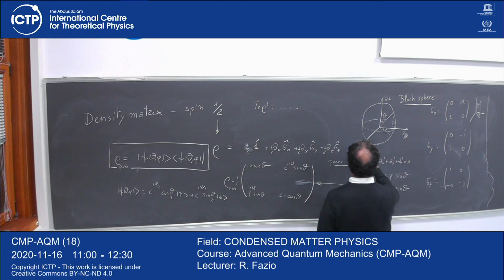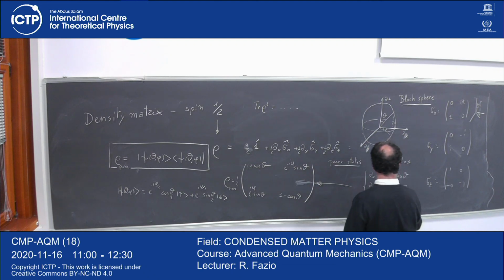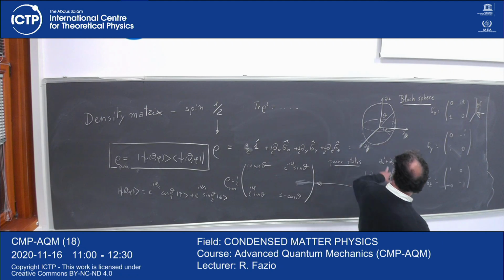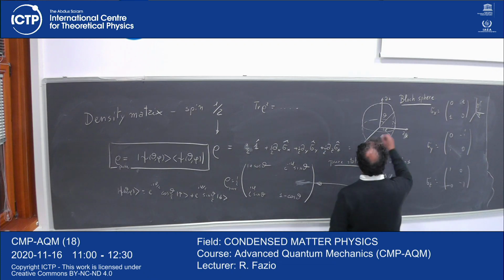So I think what is wrong is the direction. This should point in the opposite direction, because when phi is pi over 2, AY is plus 1, so the direction is this one.